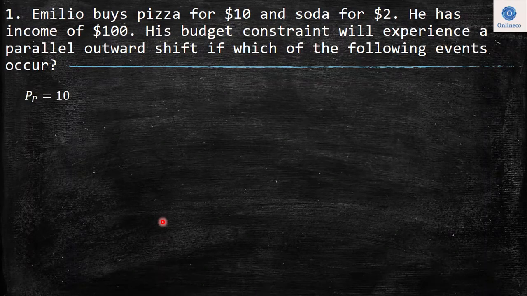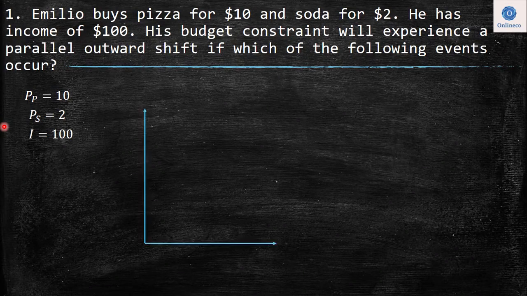So first, I want to introduce the idea better. We know that the price of pizza is exactly equal to $10, the price of soda is exactly equal to $2, and the income is $100. If we want to represent graphically the budget constraint of Emilio, we need to label the axes first.